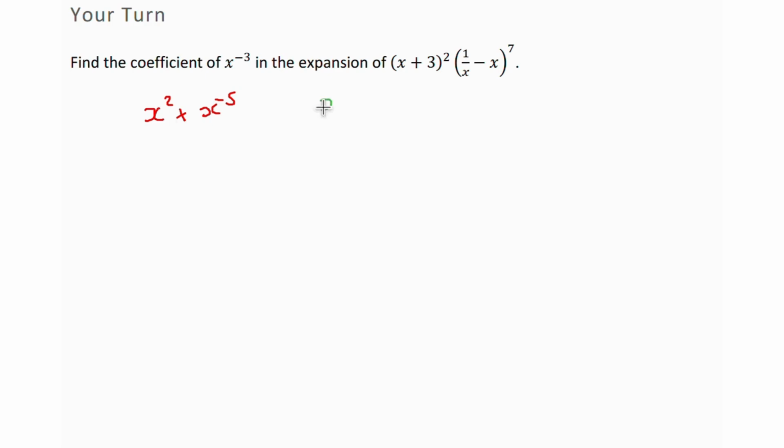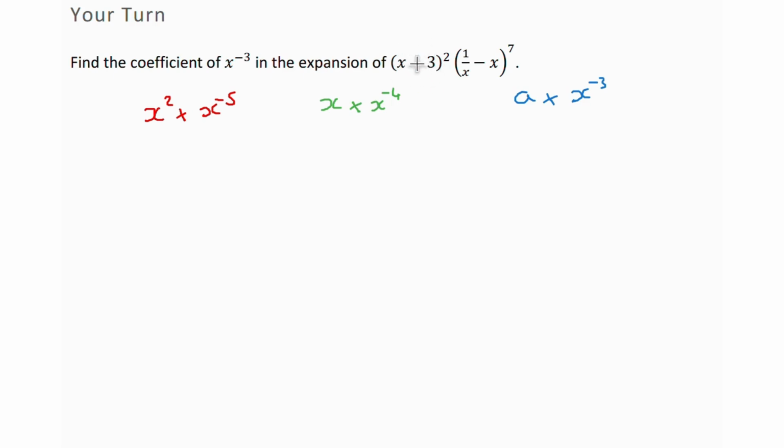Or we could have the x term from the first bracket times an x to the -4 term from the second bracket. Or we could have the constant term times the x to the -3 term from the second bracket. Now let's have a think about what they would be.